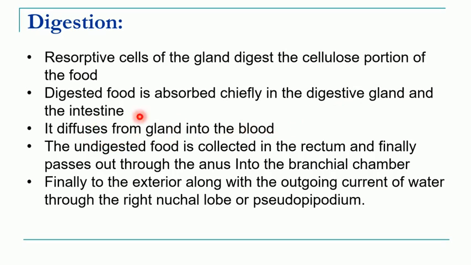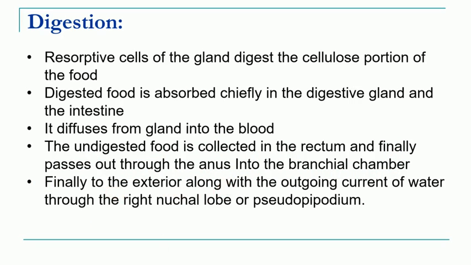From the digestive gland and intestine, the absorbed food material is released into the blood, and then the blood will supply it to the other body parts. Now the remaining undigested food is collected in the rectum, and it finally passes through the anus in the branchial chamber. This also takes place in a serial manner.